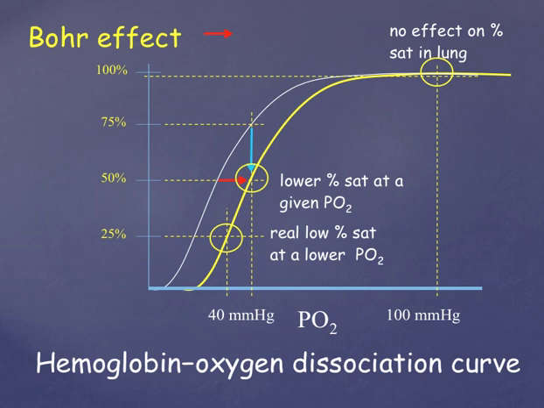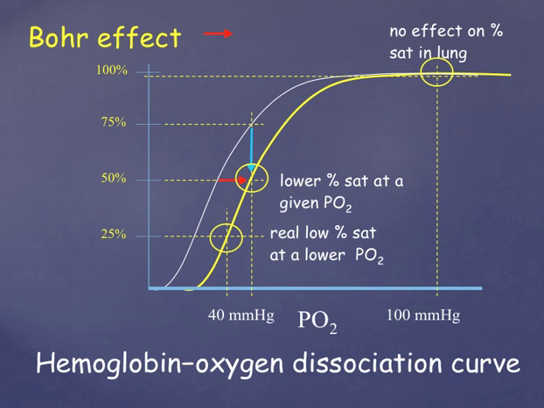So what are the implications of having this different relationship, for all intents and purposes, during exercise? What is the effect in the lung? Well, before, without the Bohr effect, if the partial pressure was 100, percent saturation was 100.